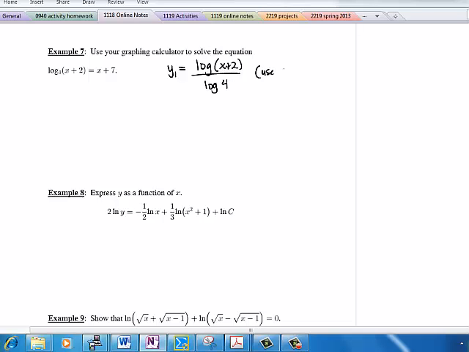Use the change of base formula, since there's not a button for log base 4 of x plus 2. We can do just this, or we can do natural log of x plus 2 divided by natural log of 4, either one. And then y2 equals x plus 7, and find intersection points.